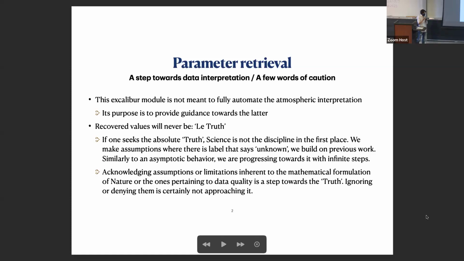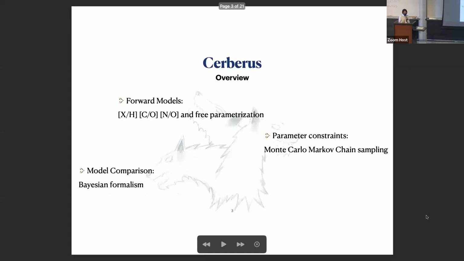A very important point is the formalism we use. In Cerberus you'll see the word Bayes and Bayesian methodology, and those are the methods that remind us the most of all the assumptions that we made.